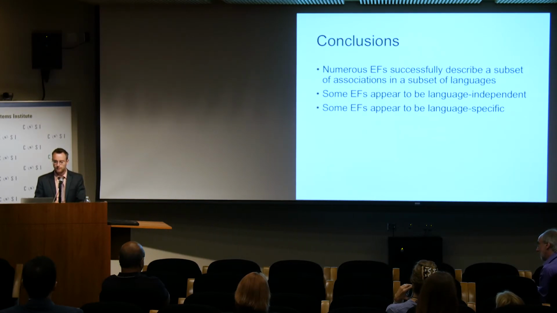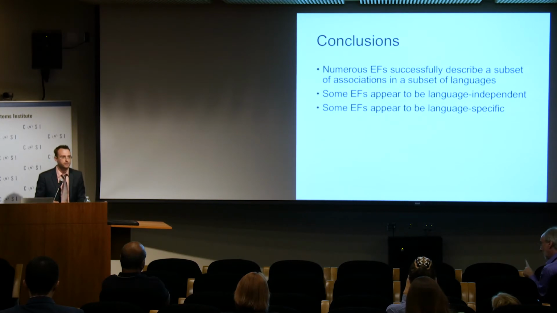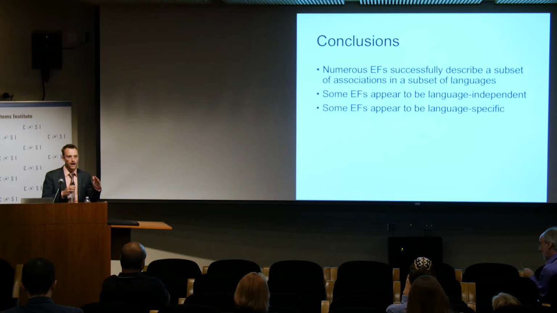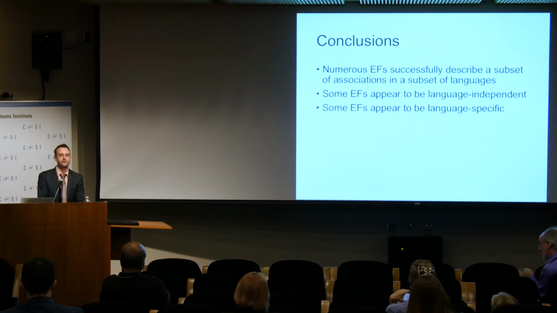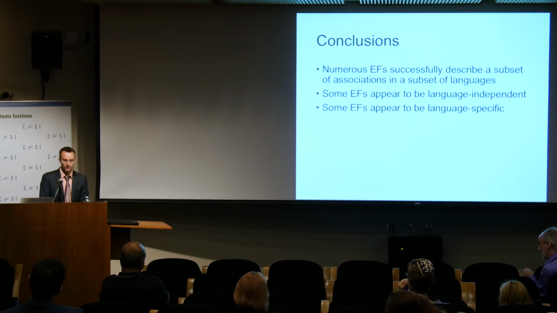But in conclusion, there are numerous explanatory factors. There are numerous things that explain why certain letters are certain colors, and each of them successfully describes some subset of associations in some subset of languages. And some of them appear to be language independent.